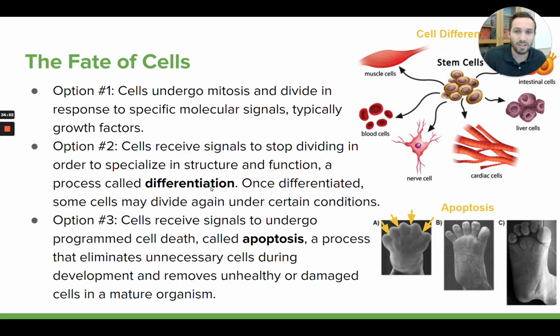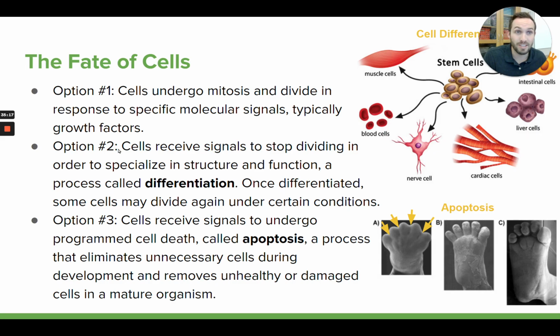Some of those specialized cells usually stop dividing. They won't do mitosis. Those are non-dividing cells that will eventually die off at some point. But for a long time, they can just live and do their job, and then maybe they'll get damaged at some point and no longer work, but they can last a while. And so that's option two.